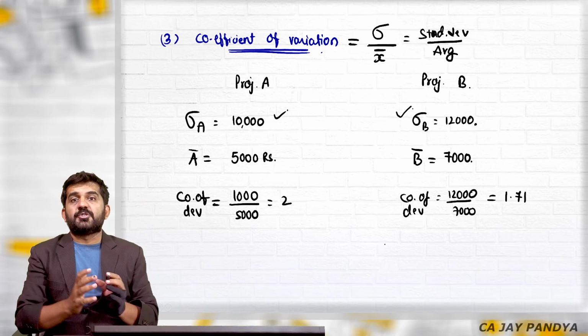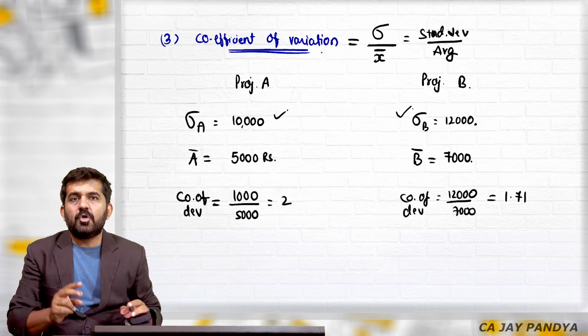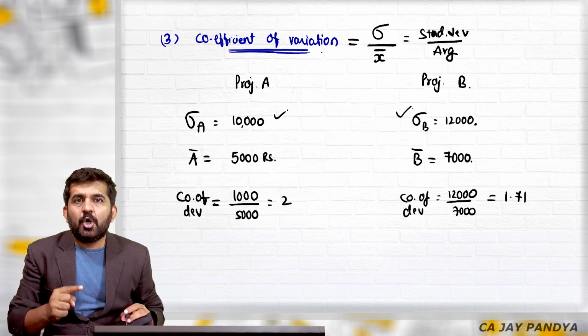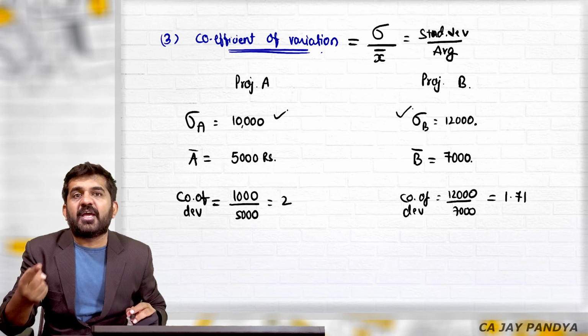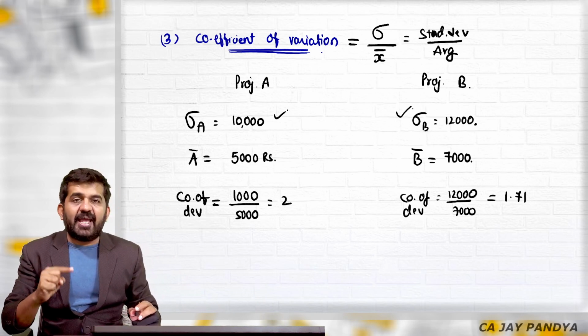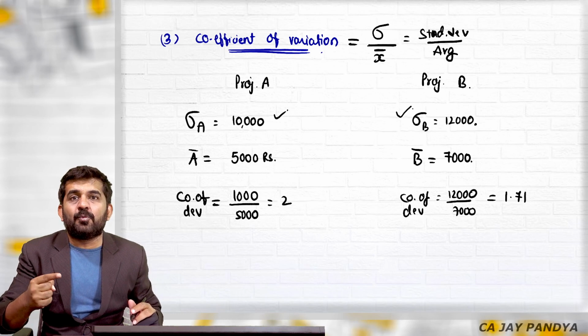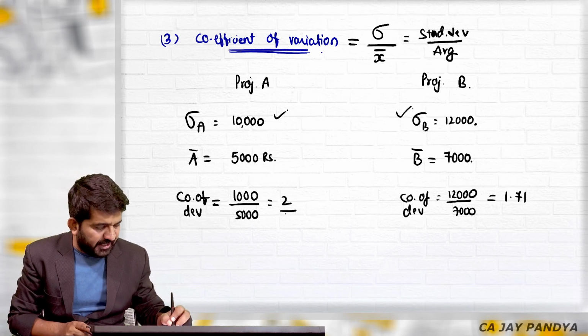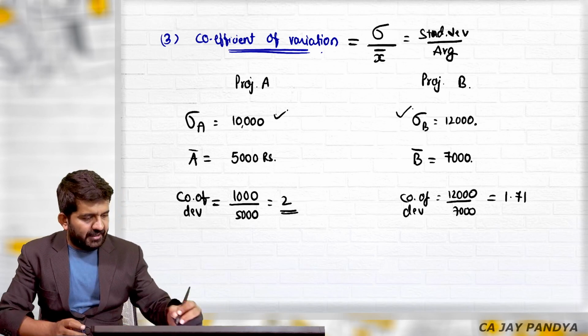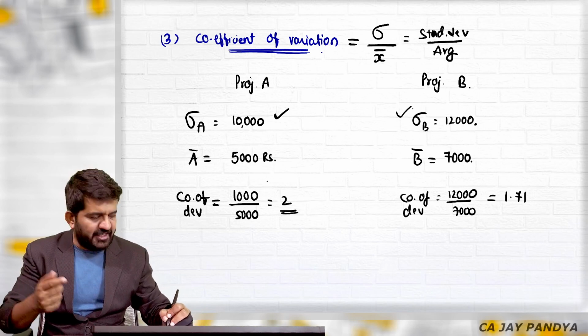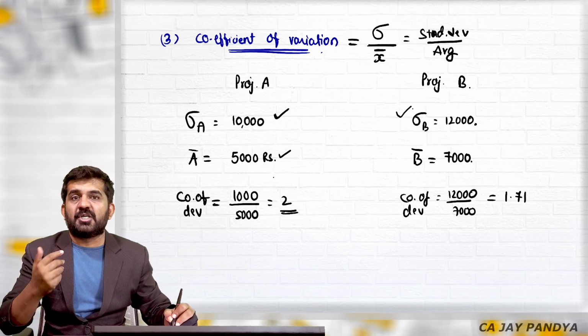See, what does this mean? Once again, for every 1 rupee of average cash flow, you are taking 2 risks. 10,000 standard deviation, 5,000 rupees cash flow.